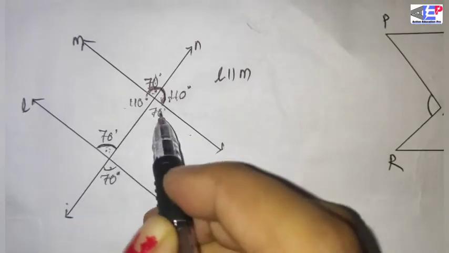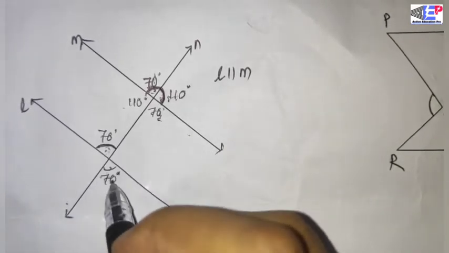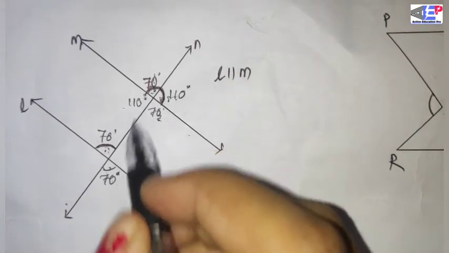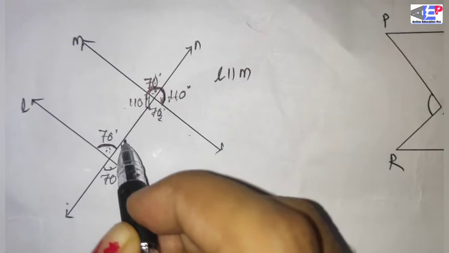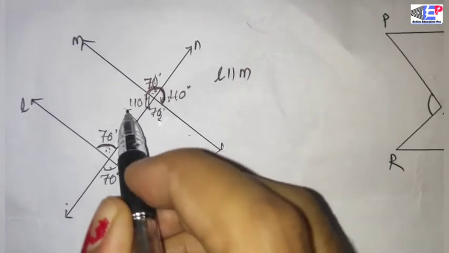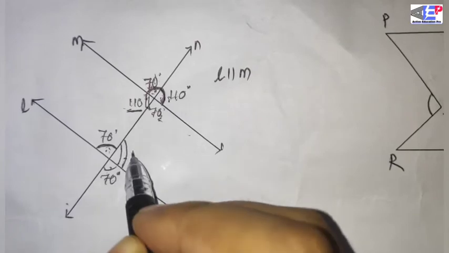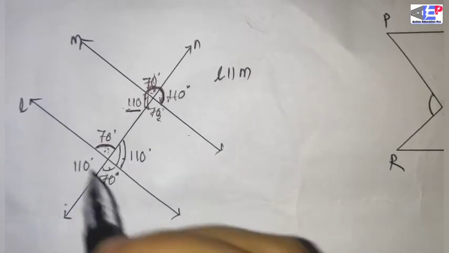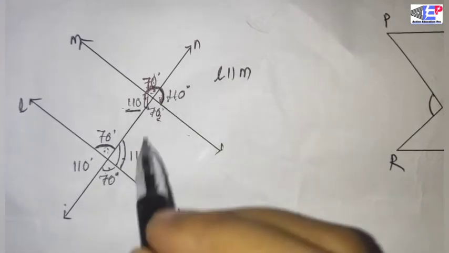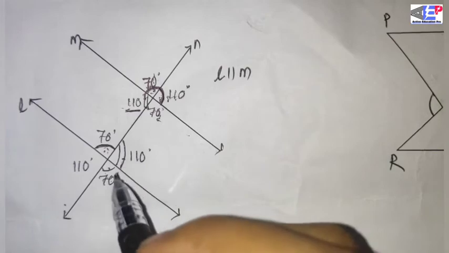Now 70, 70. Now this angle is the alternate interior angle to this angle. This 110 degrees is alternate interior to this angle, so this will be 110 degrees and here it is also 110 degrees. So these are the remaining angles we found.